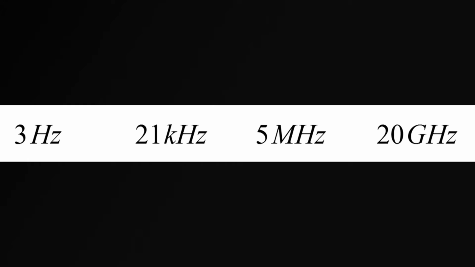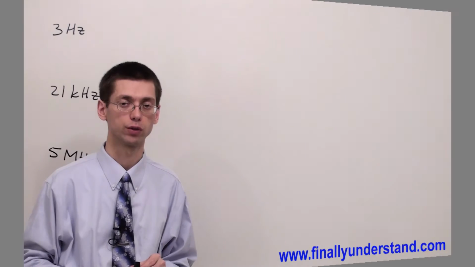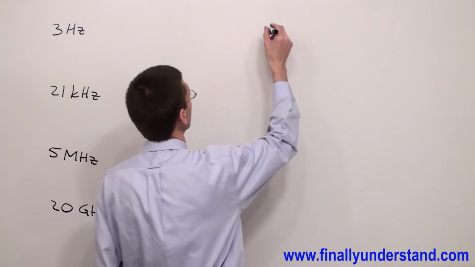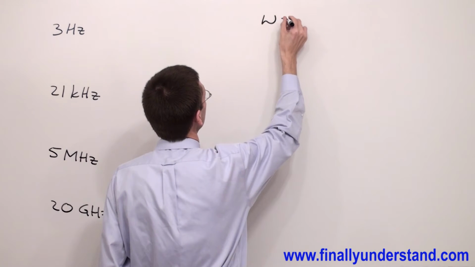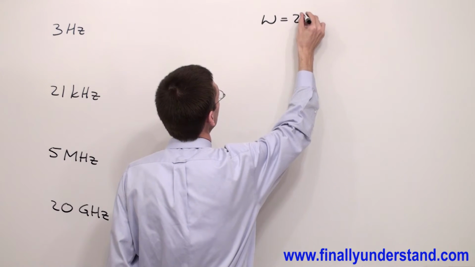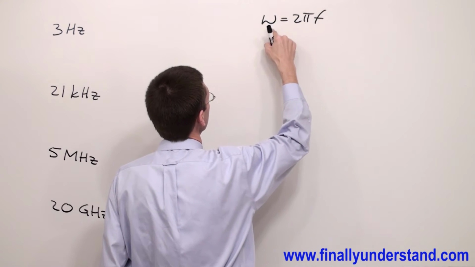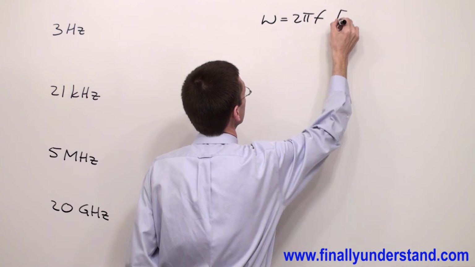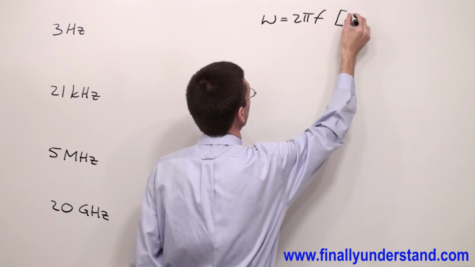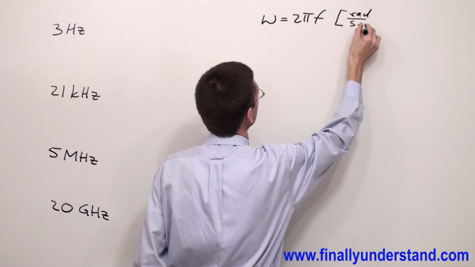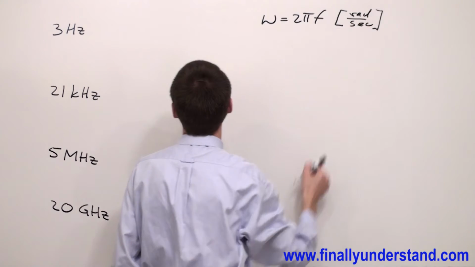This time we're supposed to find the angular velocity or radian frequency for the given frequencies. Let me remind you one more time that angular velocity omega is equal to 2 pi f. I have given frequencies, I have to find omega, and omega, angular velocity, is measured in radians per second.